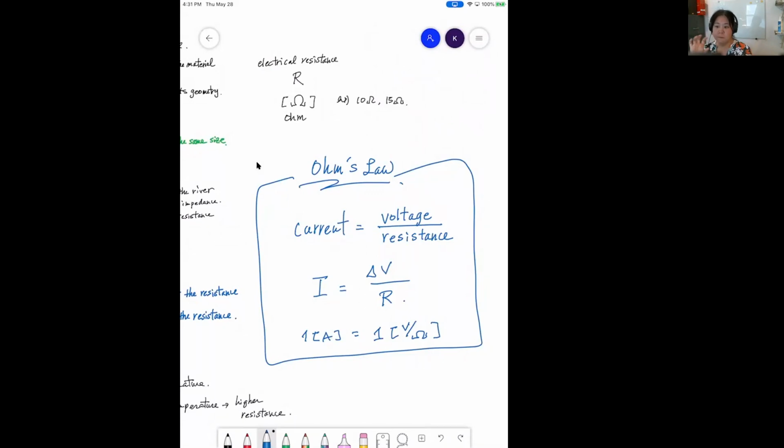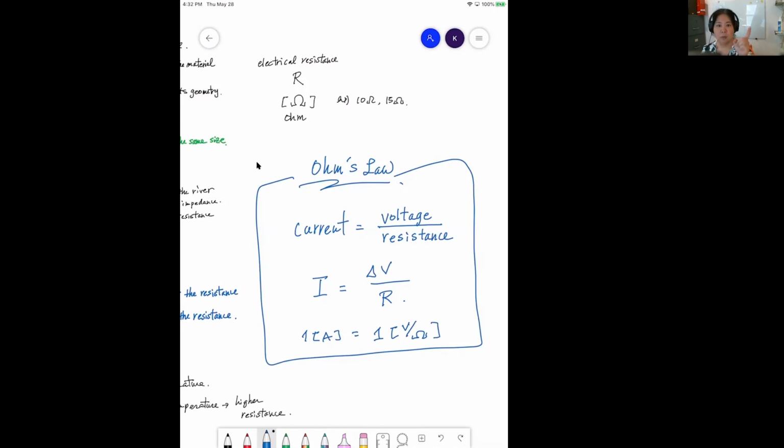So more voltage drop means more current can flow, and the bigger the resistance, you're not going to have as much current flowing. So this should make sense to you. By following Ohm's law, you can design a circuit for an electronic device, maybe a light bulb, and control the amount of current by putting in different resistance, or by controlling the voltage drop on that spot. So we use Ohm's law.